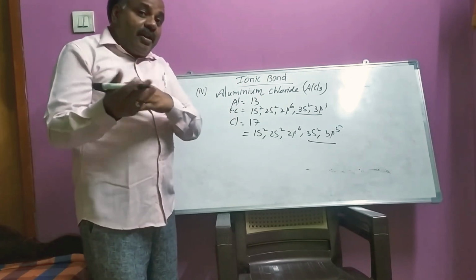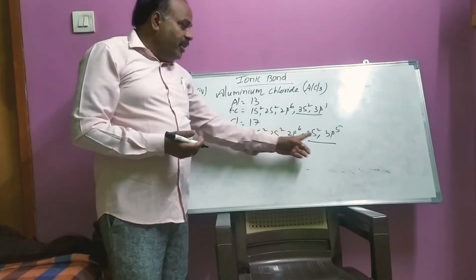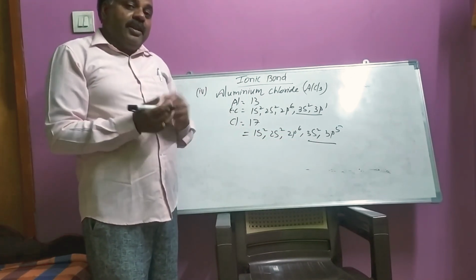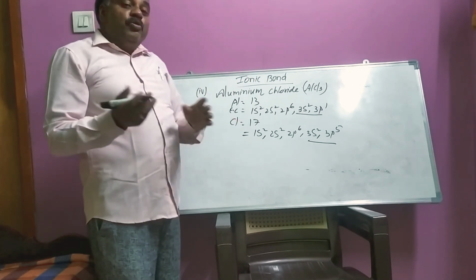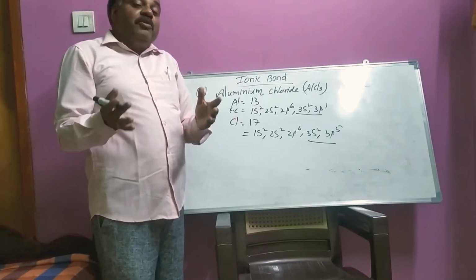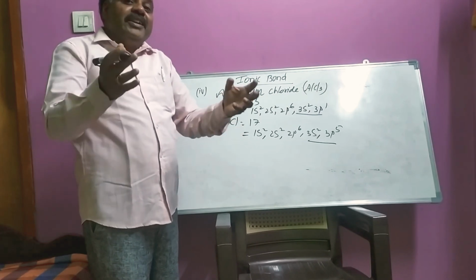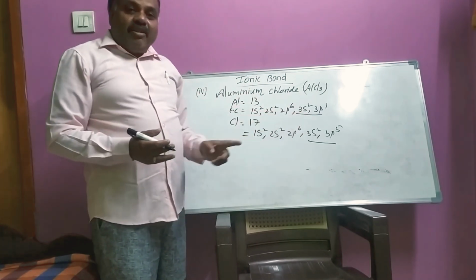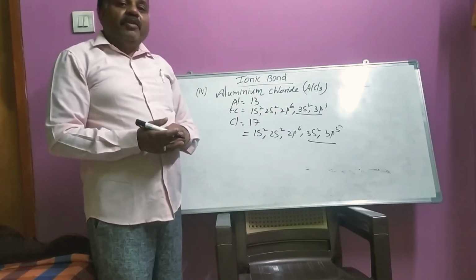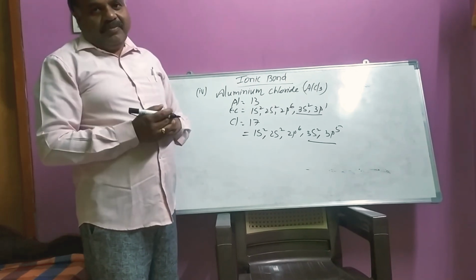Aluminium is giving 3 electrons. Chlorine is ready to take 1 electron. Then how? That's why 2 more chlorine atoms, totally 3 chlorine atoms are taking 3 electrons from aluminium, 1 electron each. How?